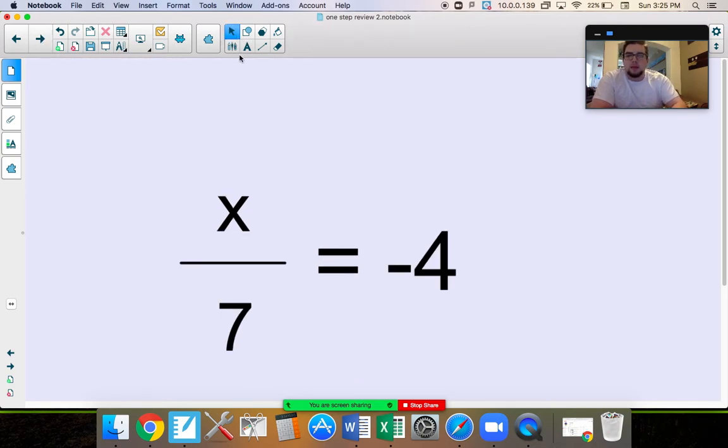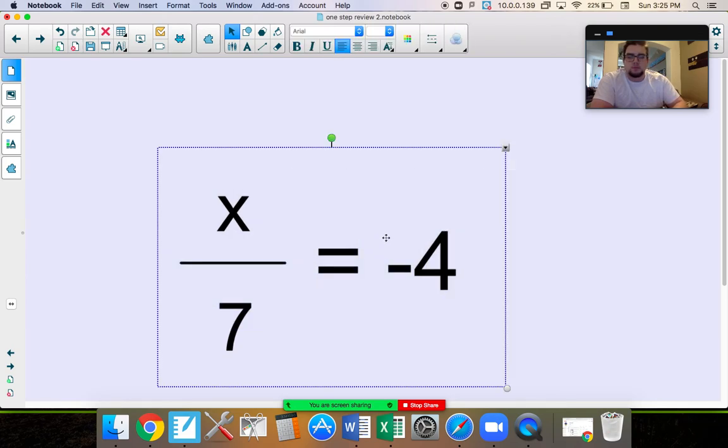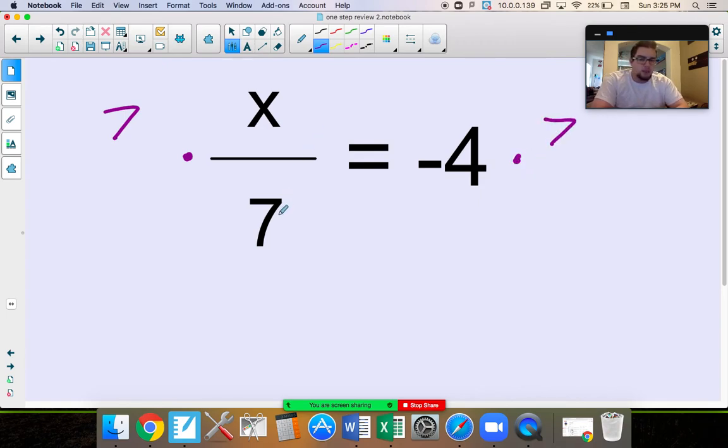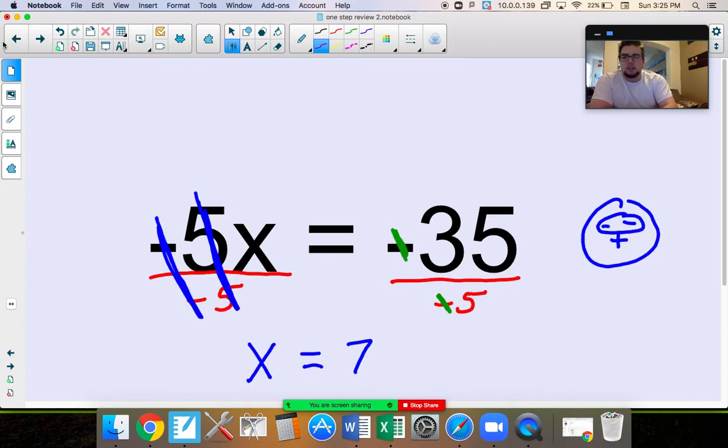Maybe we have a problem that is division. We undo division by multiplying. So the kind of way to think about it is this 7's on the bottom, so we need to multiply by a 7 on the top. In this last problem, the 5 was on the top, so we divide by a 5 on the bottom.